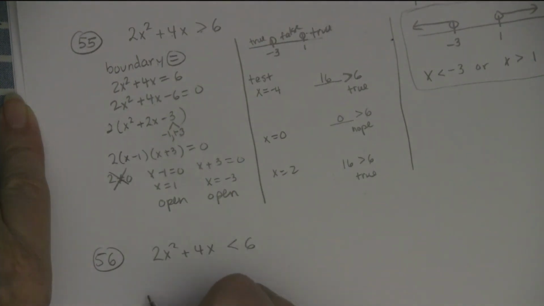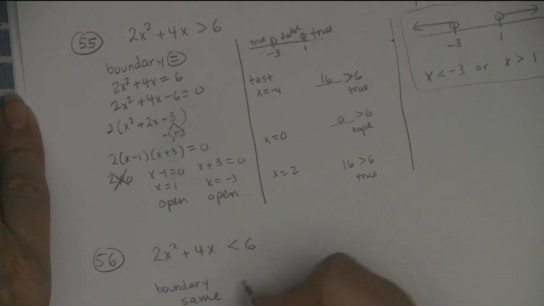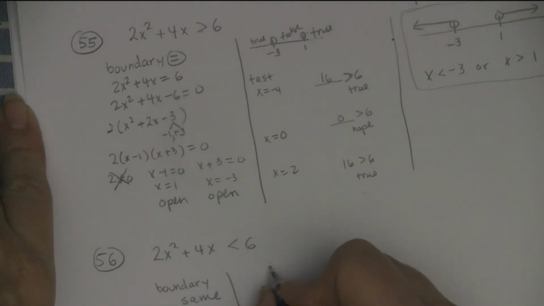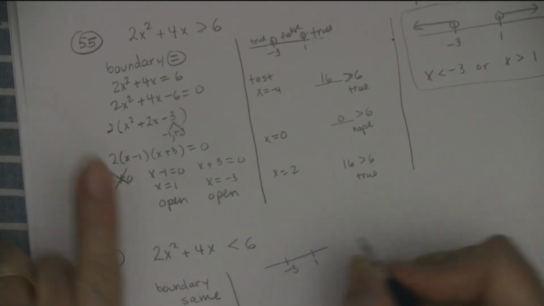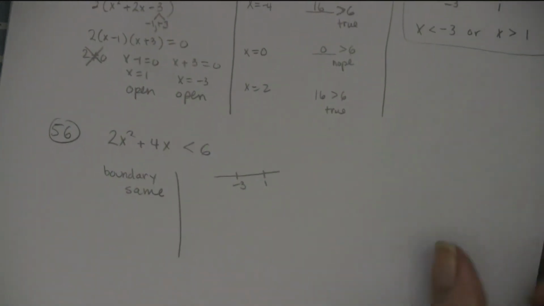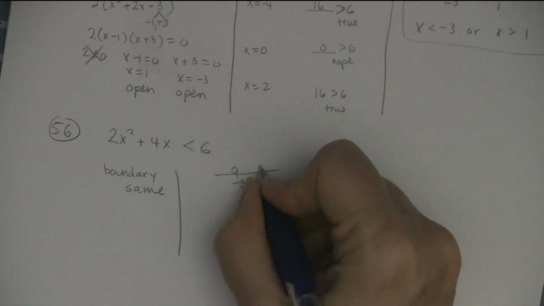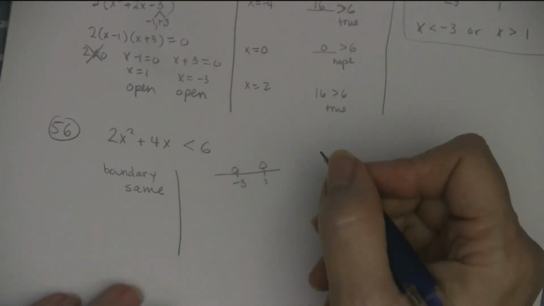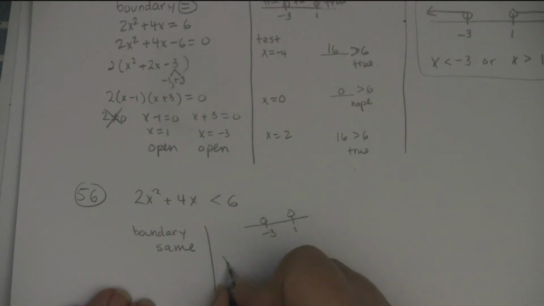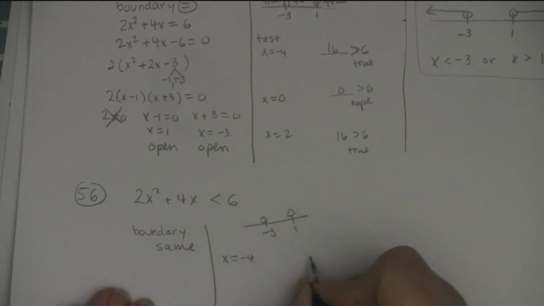Do you guys agree? So the boundary, since these are the same, is the same. So I'm not even going to do it. So I would get here and have -3 and 1, right? And open and open. And when I go to test points, like -4, do you guys agree with me?